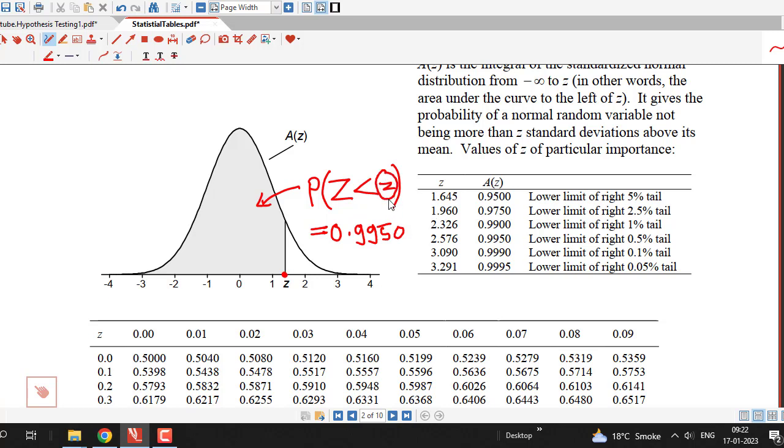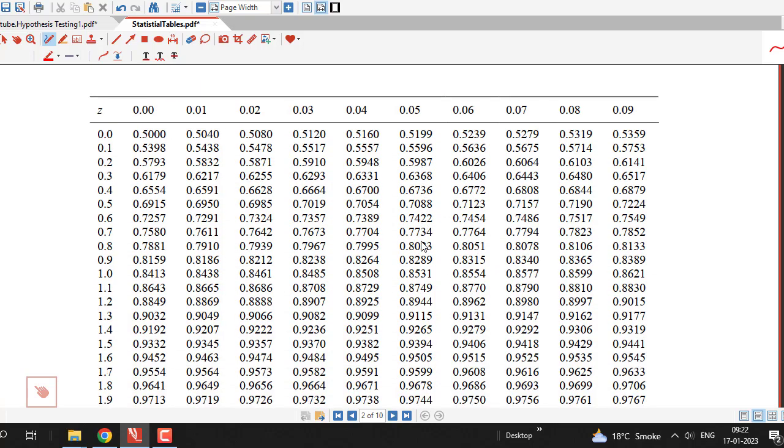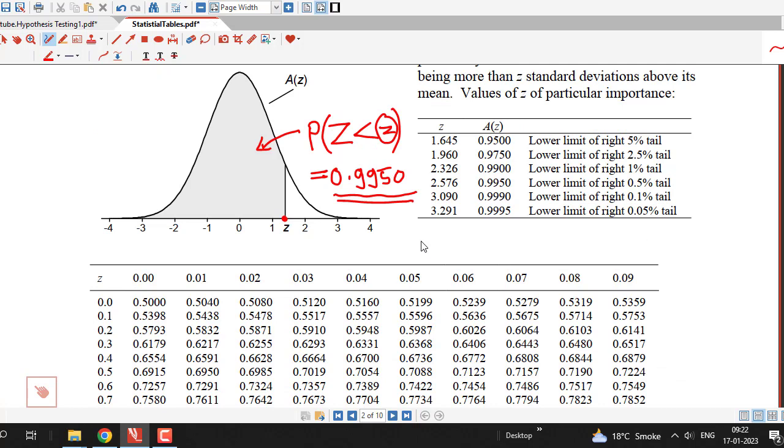So we are interested in the value of small z such that we obtain this area. These values in the table denote the areas to the left side of this point z. All these areas are nothing but probability that capital Z is smaller than this z.